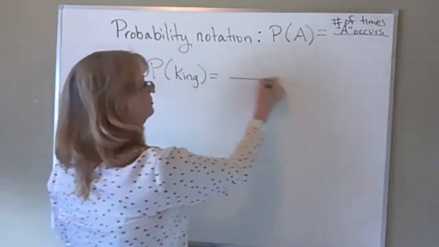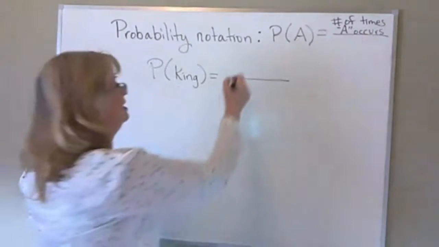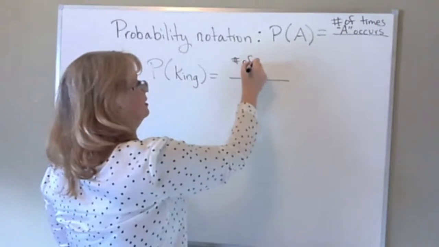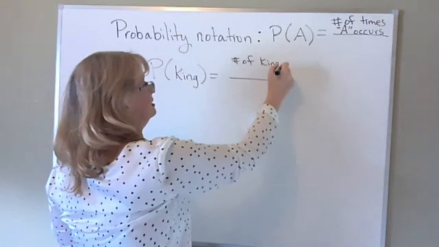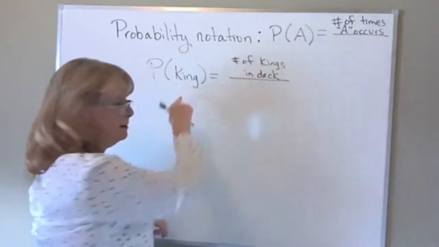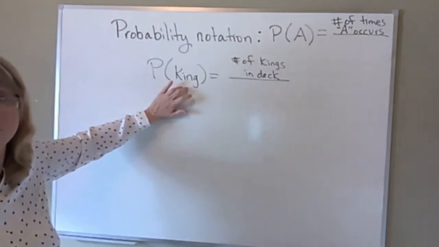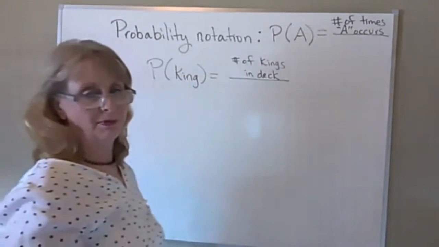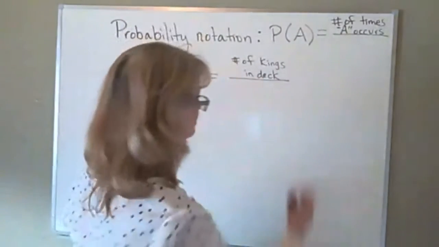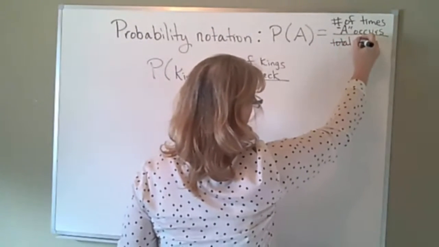So on ours, when we do the probability of drawing a king, that would be the number of kings in the deck. So we're counting how many times this occurs in the whole sample space. And then the denominator is the total number of possible outcomes.